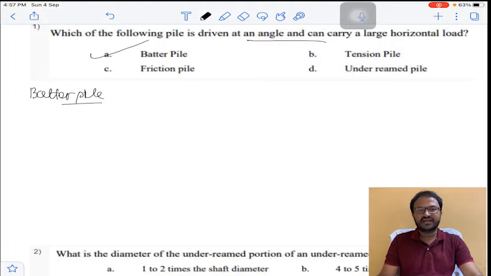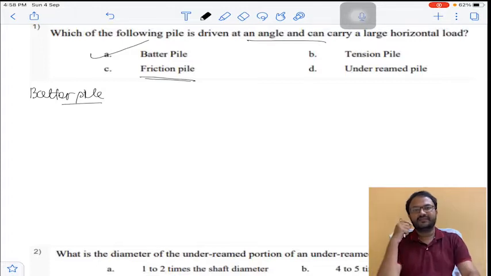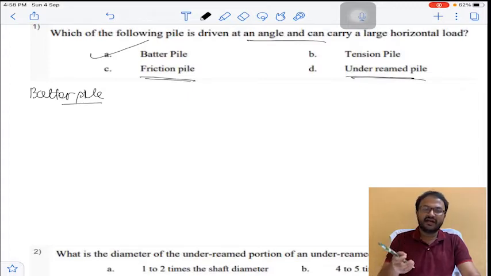Coming to tension pile, it will be subjected to a type of load called tensile loads. Coming to friction pile, because of skin friction, the loads can be carried. And coming to under-reamed piles, these can be provided in cohesive soils at a certain distance from the ground.